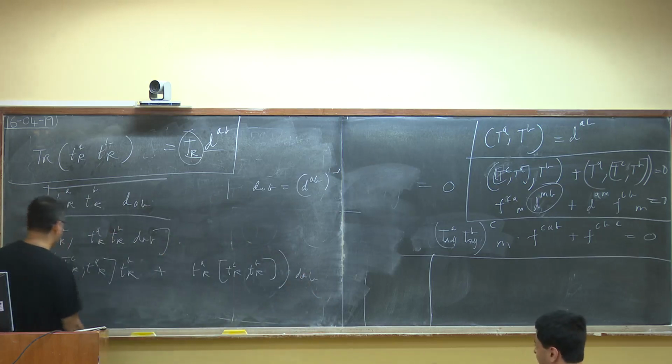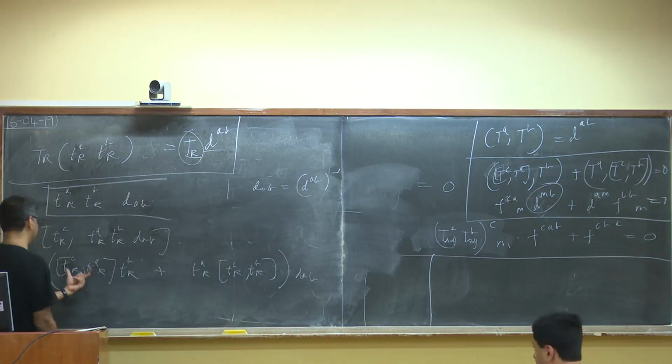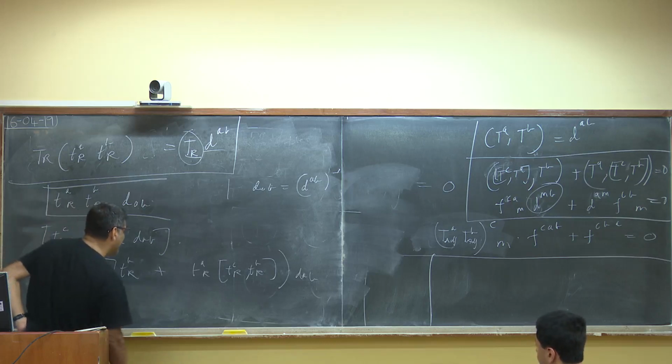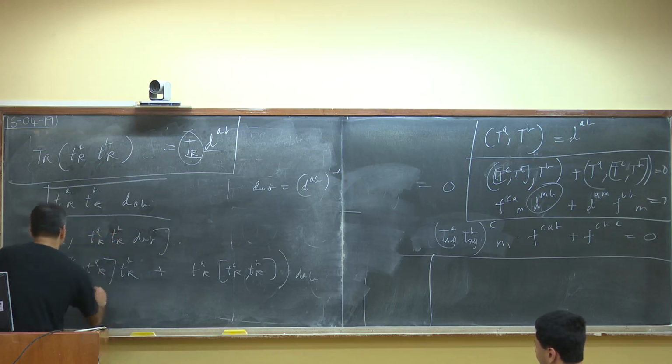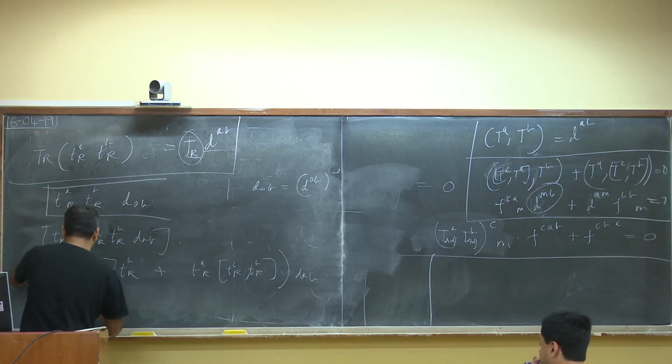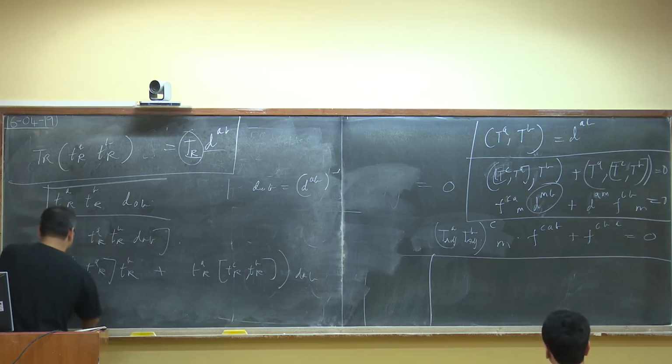Now we use the structure constants, F_CA^M and F_CB^M. It's the antisymmetric contracted with the symmetric. Let's just finish it.